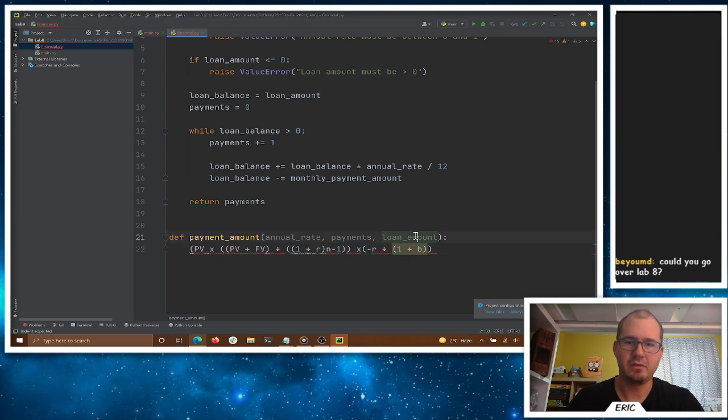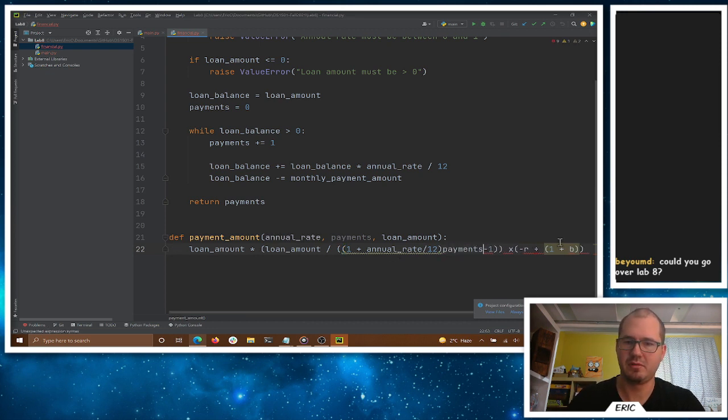So present value is the loan amount times the present value plus the future value. It's still just going to be the present value because it was 0. Right? This was divided by 1 plus the annual rate divided by 12, right? Because then the n was my payments.